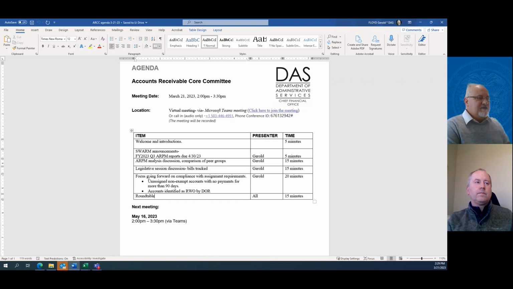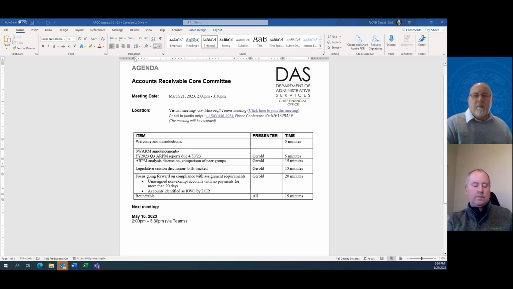One of the areas that I know has caused a bit of confusion and has been included in that unassigned non-exempt category over the last couple of years are accounts that were identified as RWO by Department of Revenue.